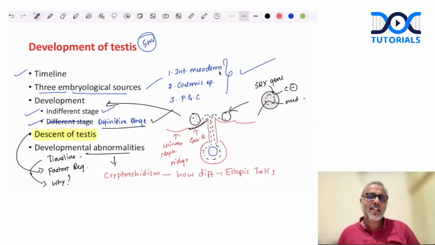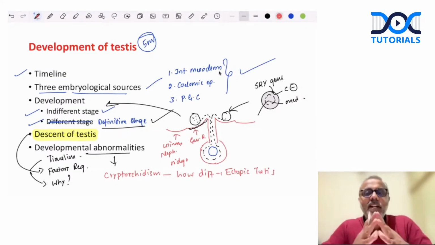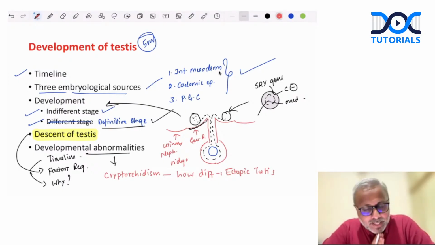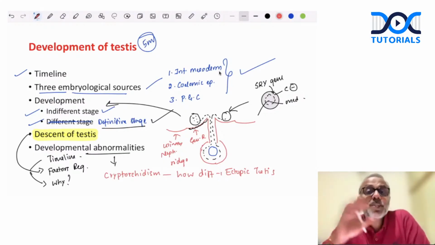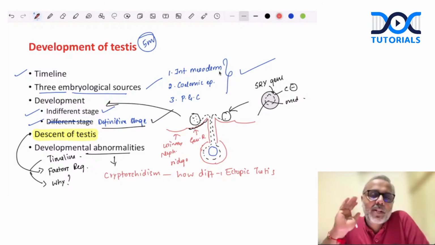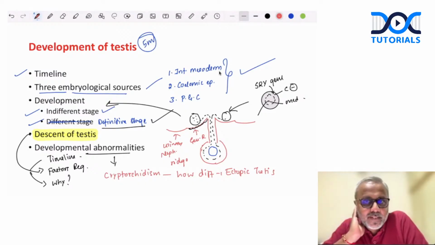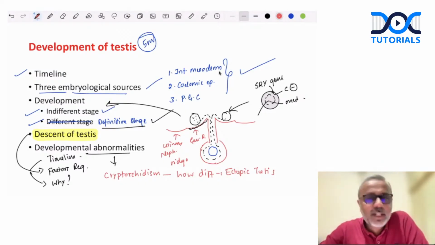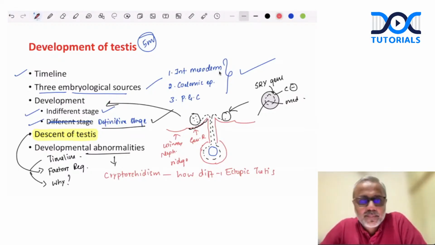Ectopic testis is the presence of the testis in locations different from the normal pathway of descent, right? So these two terms you need to explain and differentiate, and also mention the embryological basis. So this is how we need to describe the development of the testis.